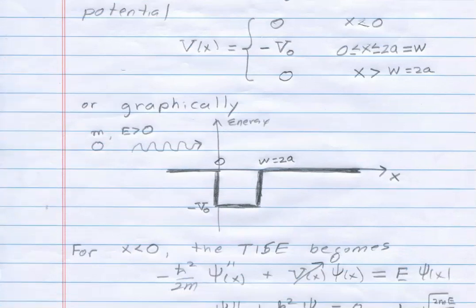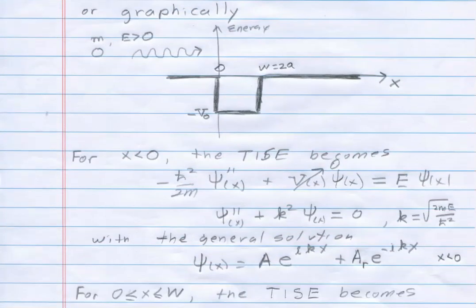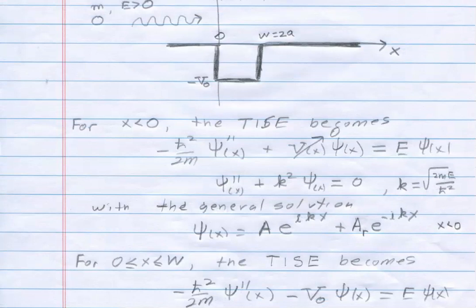Well, the first thing is to get a solution to the time-independent Schrodinger equation in each area. Since the potential is piecewise defined, we have to define a wave function piecewise and then match things up at the edges of the potential. Write down the time-independent Schrodinger equation here. So long as x is less than 0, this potential term vanishes, and we've got the familiar equation.